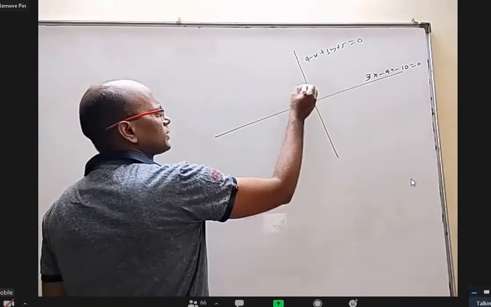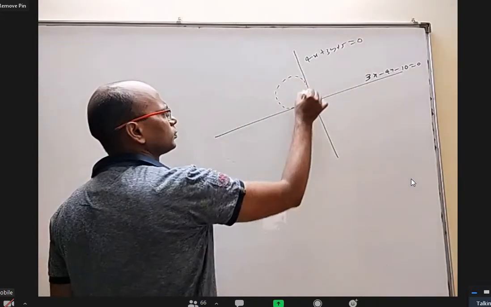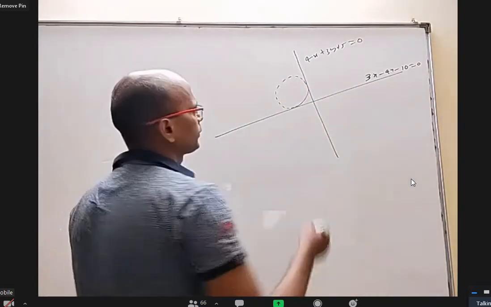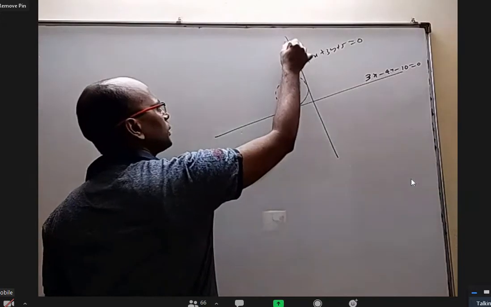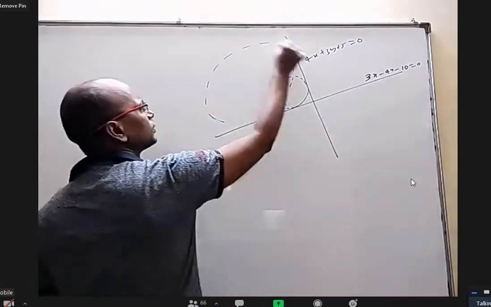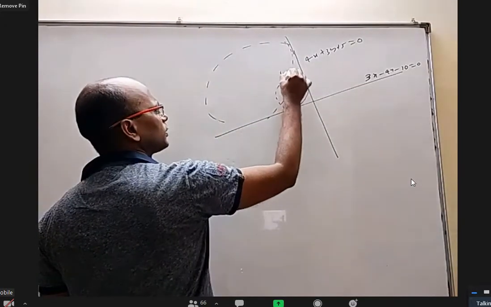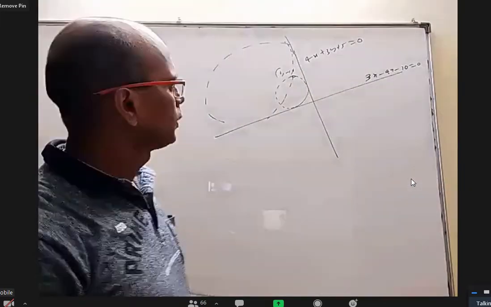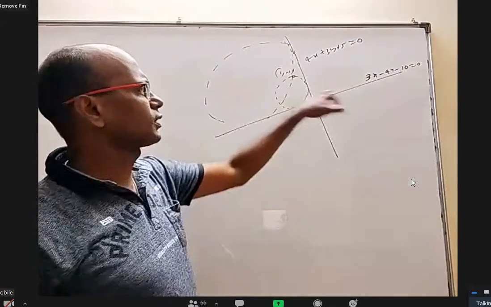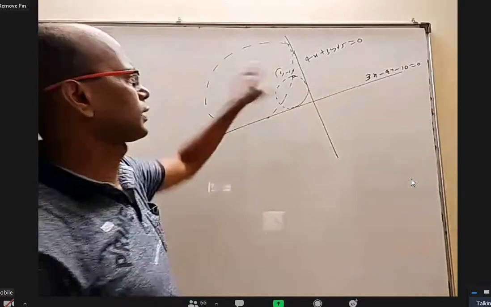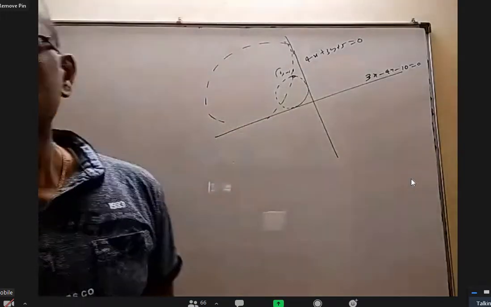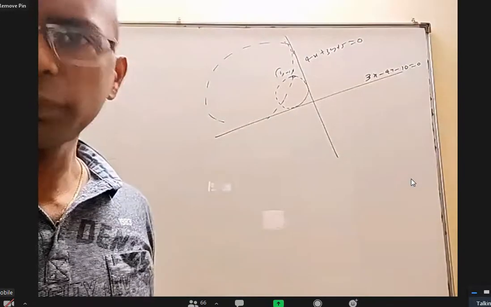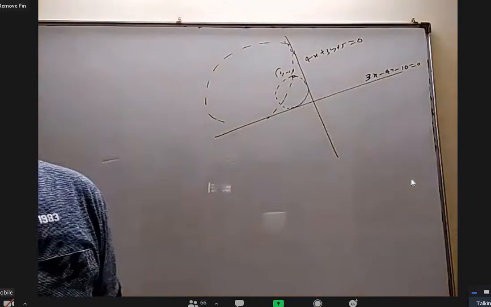Maybe there is a circle somewhere here, or maybe another circle like this, passing through (1, minus 1) and touching these two lines. There are two circles. Once again, here they are perpendicular. I think it is not going to be much useful.